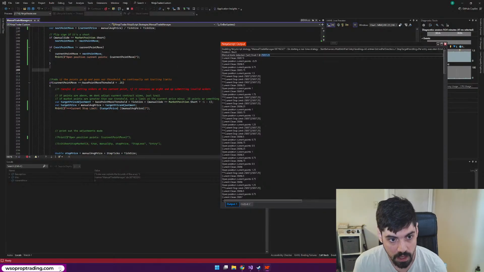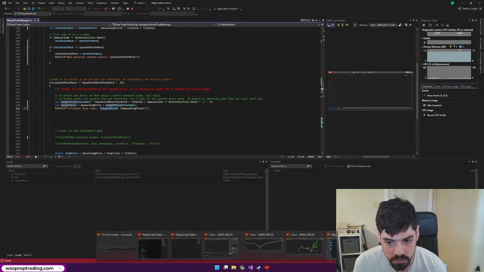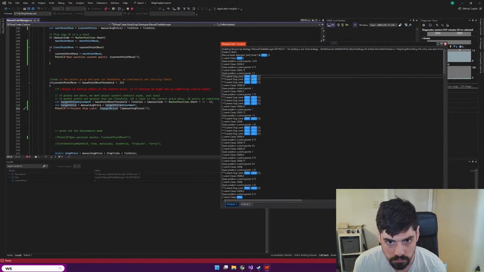Because we were looking at one threshold plus 0.25 to be the thing that triggers it. One threshold being 1 point for us right now. We made it really small, 0.25, 1.25. So when this hits 1.5, that's detecting it, sure. But then the target price becomes .25 points below whatever this is.